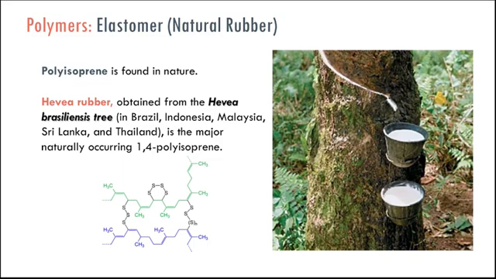The most popular example of the elastomeric polymers is natural rubber. Natural rubber, or you can call it polyisoprene. You can harvest the natural rubber from the Hevea brasiliensis tree. It's usually found in Brazil, Indonesia, Malaysia, Sri Lanka, and also Thailand.